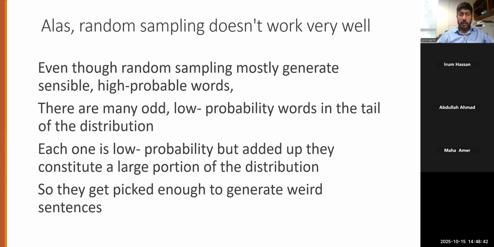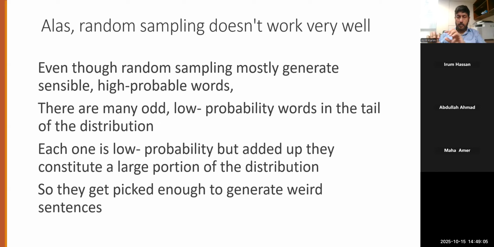So random sampling also has issues, and the reason for this is that the distribution that you typically get for the predicted word is a long tail distribution, meaning that if you plot it, there will be a few words whose probability is high and there will be lots of words whose probability is very low.